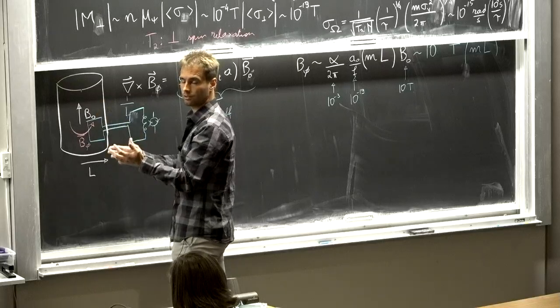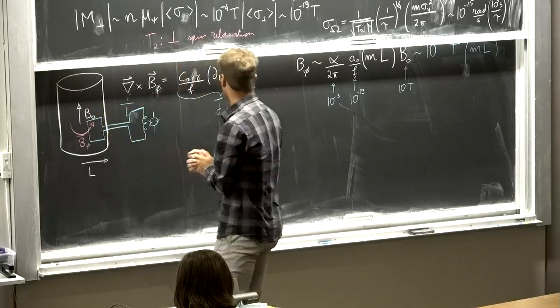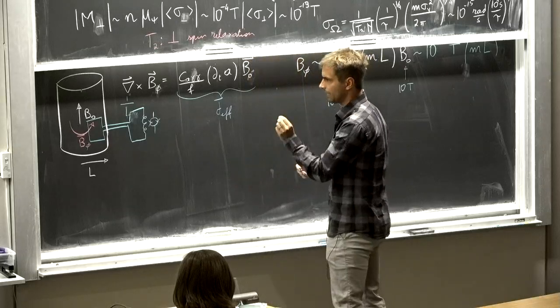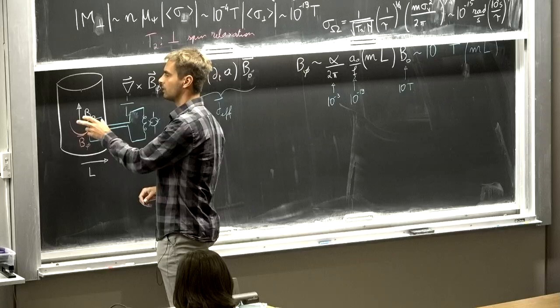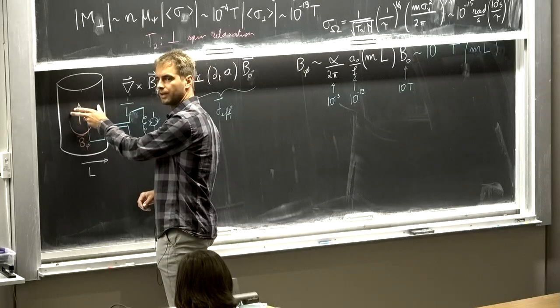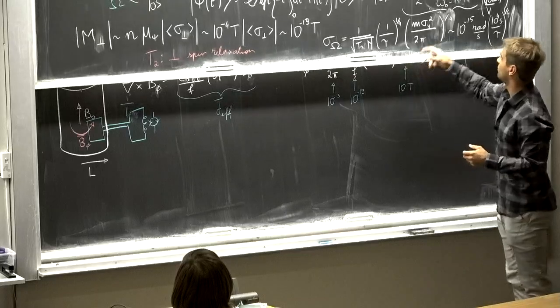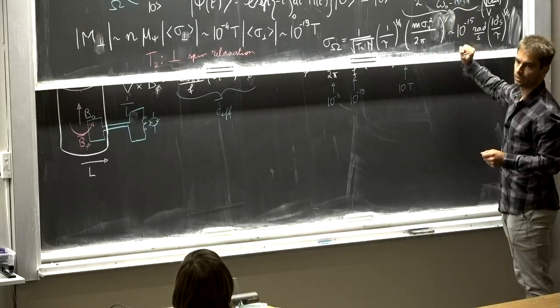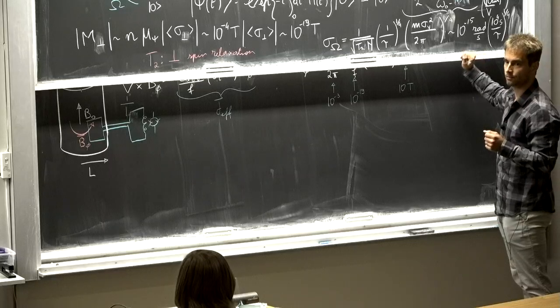So you have some quality factor, there's an effective damping rate for that to happen. And so if you're exactly on resonance, your power absorbed is limited by that quality factor. But if you're off resonance, you're limited by the inverse detuning of frequency. So in terms of power, it'll typically be quadratically suppressed.